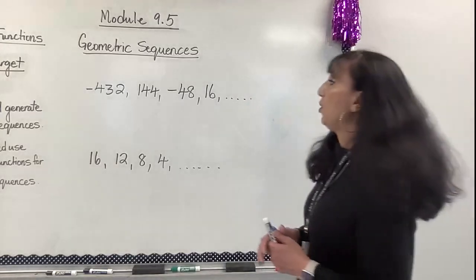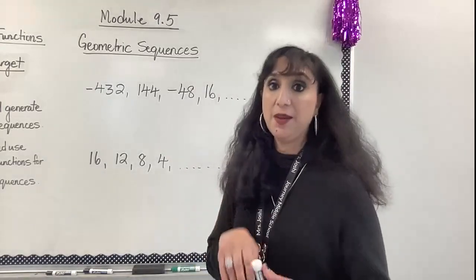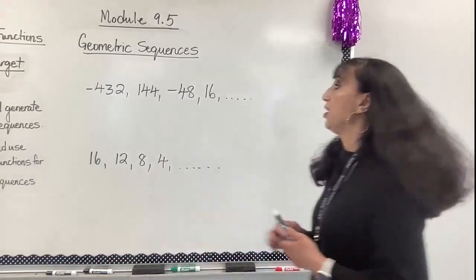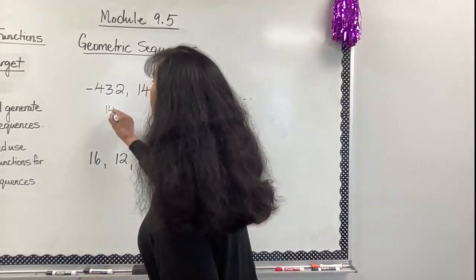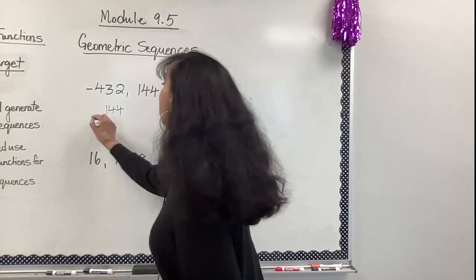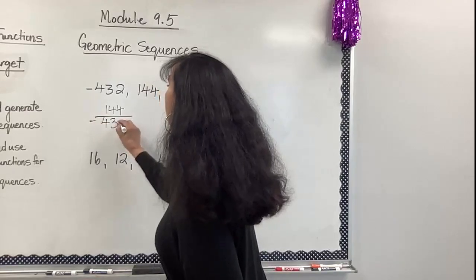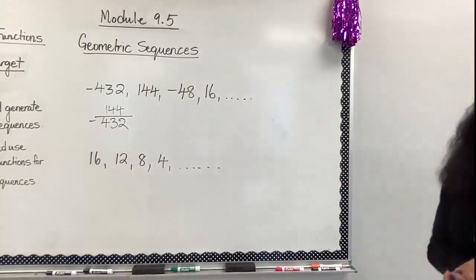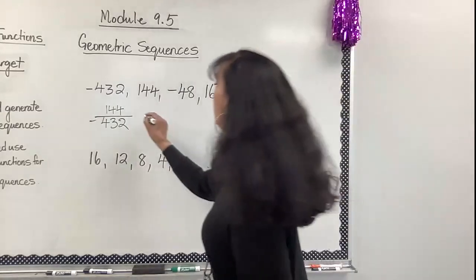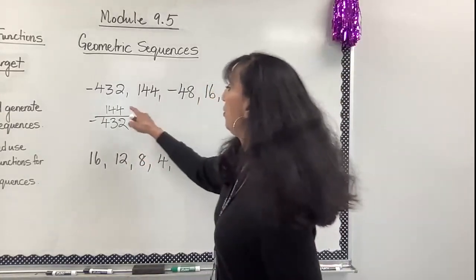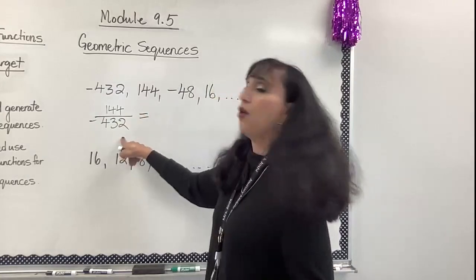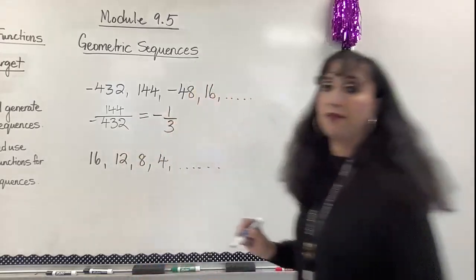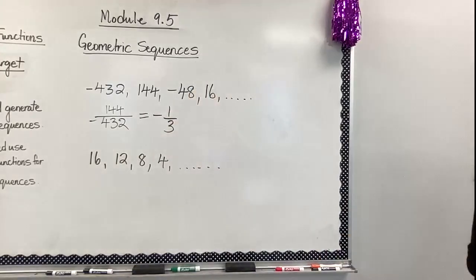I am going to do the reverse of multiplication, so I'm going to divide to see if I have a common ratio. If I divide 144 by what's before it, which is negative 432, and put it in simplest form, I know that 144 times 3 gives me 432. So this is negative 1/3. Now let's look at the next one.